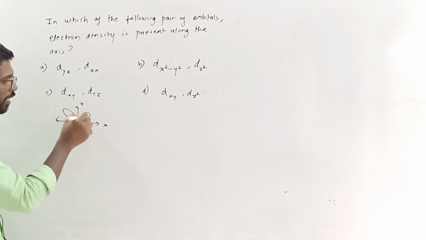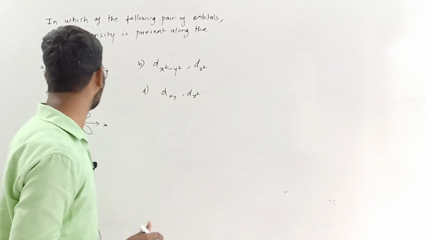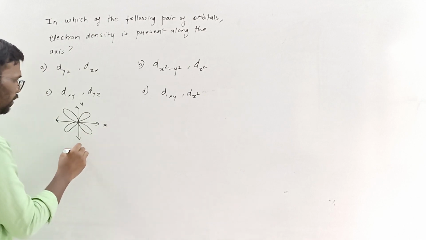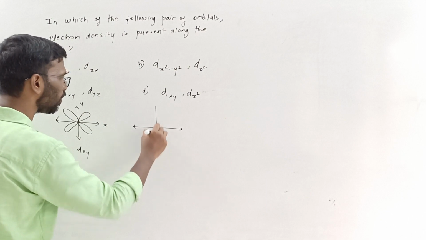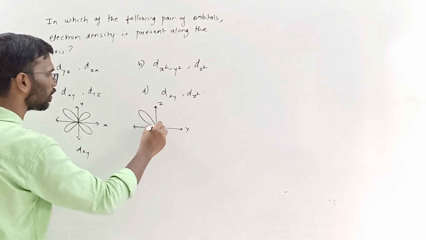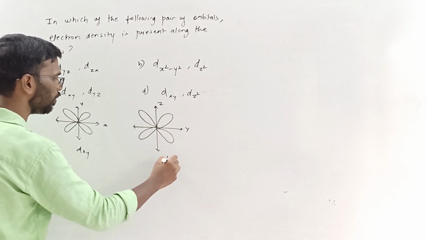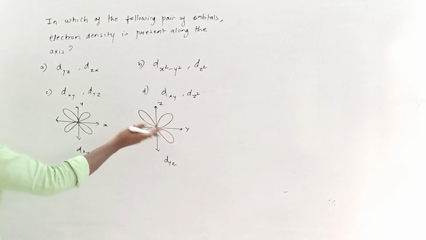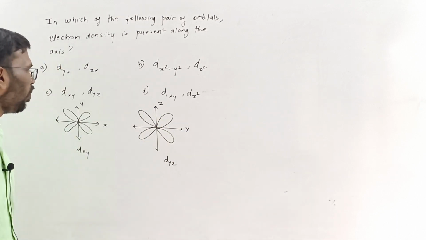It is in between the axes and it is on the xy plane, right? So this is dxy. dyz will be what? This is the y-axis, this is the z-axis. So this is dyz. It is also in between the axes and not along the axis, and it is in the yz plane.